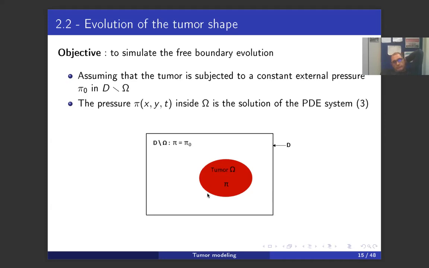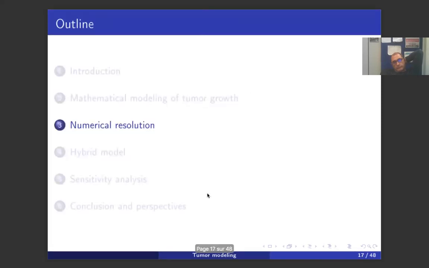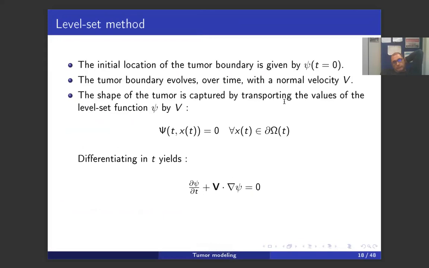The shape of omega is unknown, but we suppose an initial location, and then we have to simulate the evolution, supposing that we have some location in order to begin our computation.